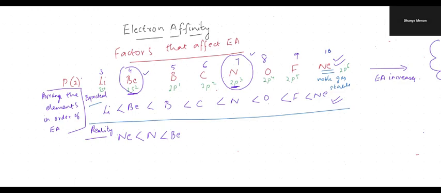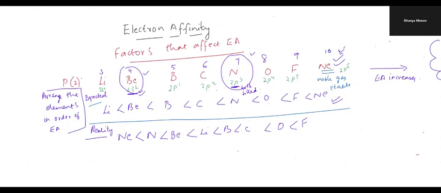Then we have the normal order: lithium, boron, carbon, oxygen, and fluorine. So this is the real order. Neon is fully filled, so it has a stable configuration. Beryllium also has a stable configuration because it has a fully filled s subshell. Nitrogen is half filled. So whenever an order is asked, you have to take this information into consideration. Now, again, one more small piece of information over here.